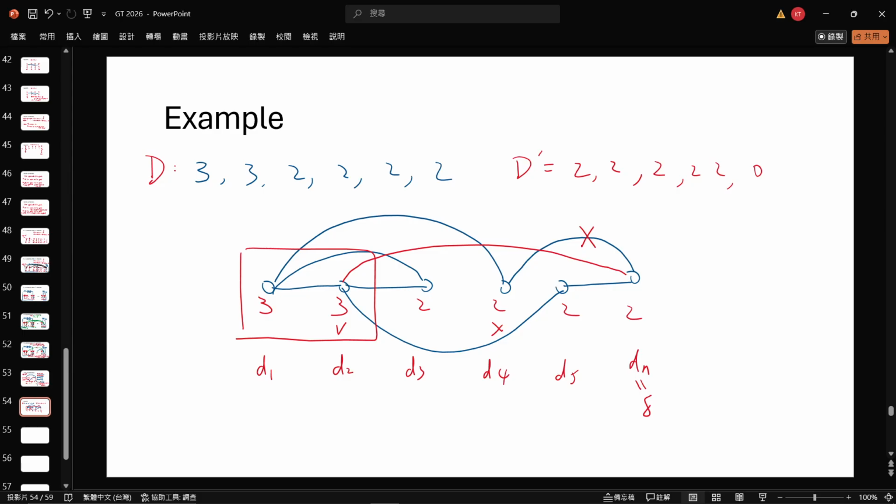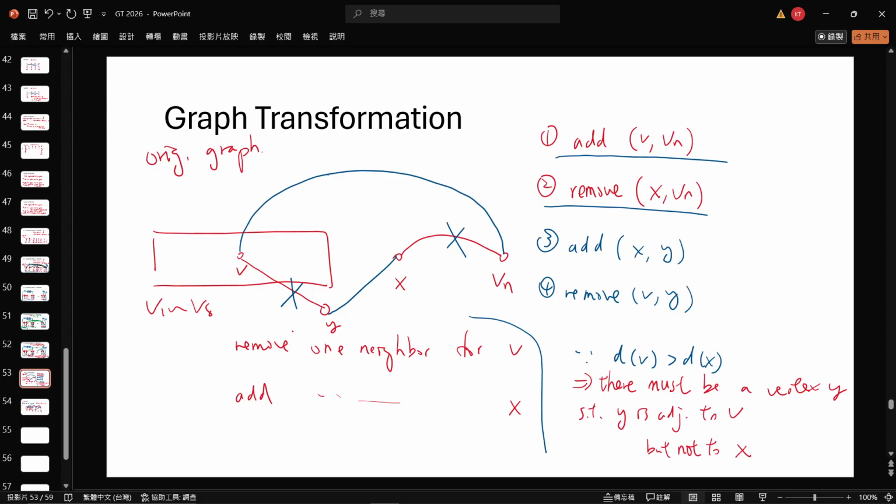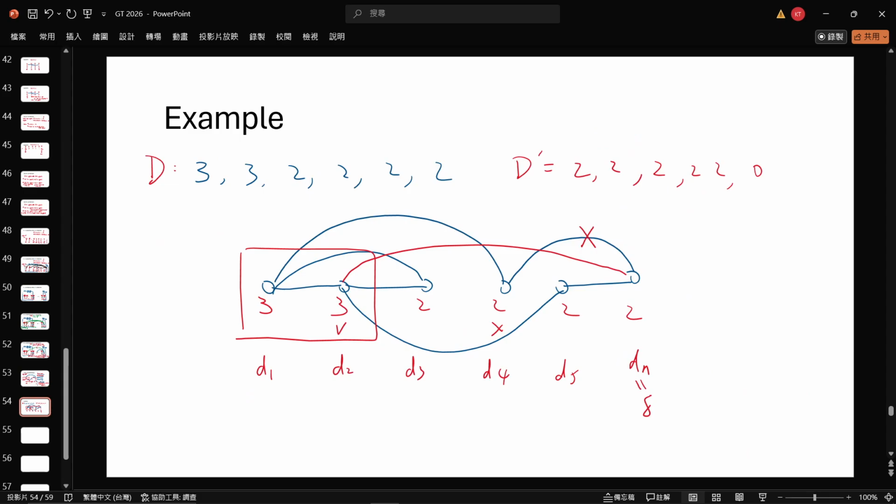So what we will do is find a special vertex Y. Y is a neighbor of V, but not adjacent to X. So in this example, which vertex can be the special vertex Y, which is adjacent to V, but not adjacent to this guy?